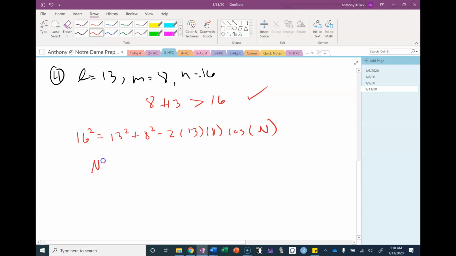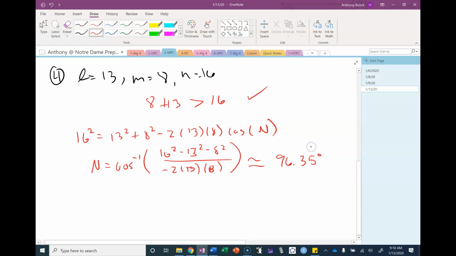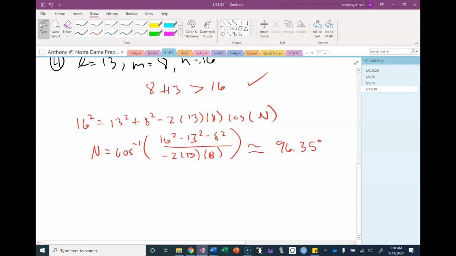When I solve for n, I get the cosine inverse of 16 squared minus 13 squared minus 8 squared over negative 2 times 13 times 8. Now I type that into my calculator, I get 96.35 degrees. Once I have that angle, it doesn't matter which angle I solve for next. So what I did next is solve for angle L using the law of sines.